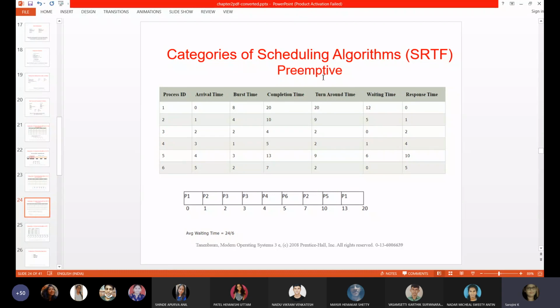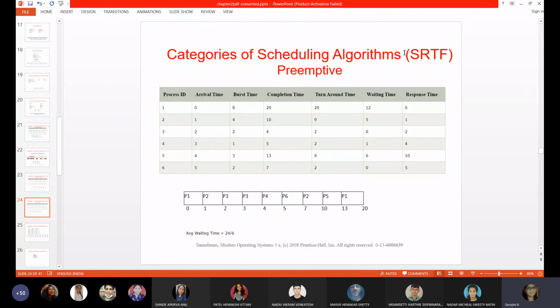So the CPU burst time will change. So we can't call it the shortest burst time. We have to keep some other name for that. That is why we call it remaining time. After executing, how much CPU burst time is remaining, that is called the remaining time.